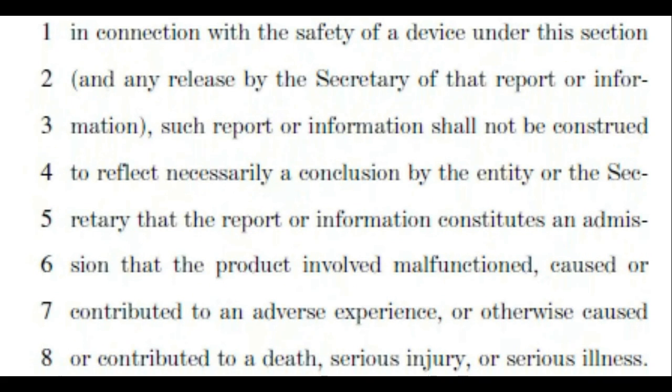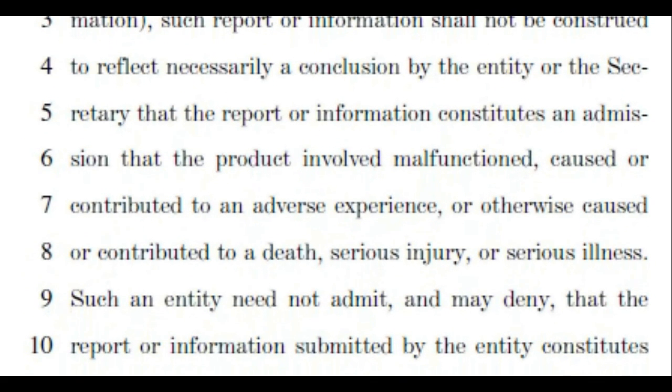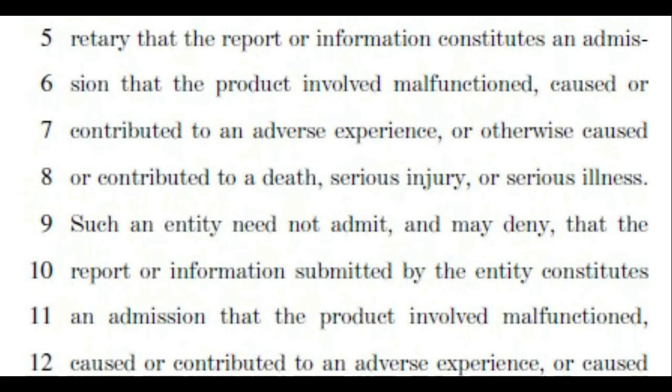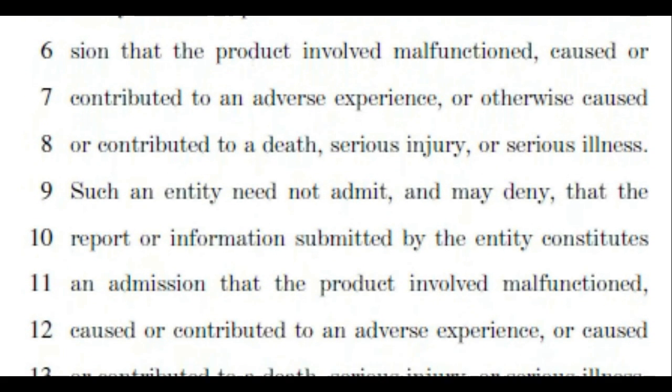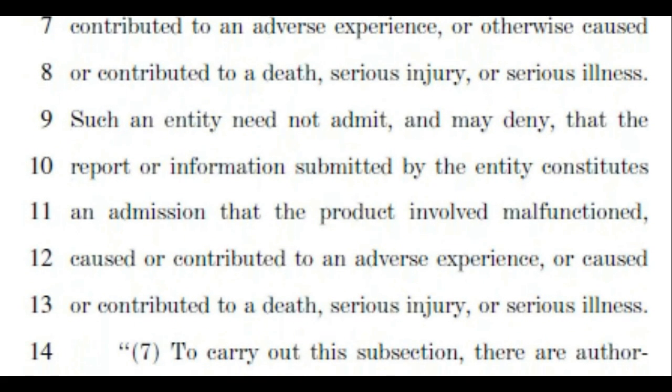(C) The Secretary shall include in any regulation under this subsection an explanation demonstrating that the requirements of such regulation (i) do not duplicate other federal requirements, and (ii) do not impose an undue burden on device manufacturers.